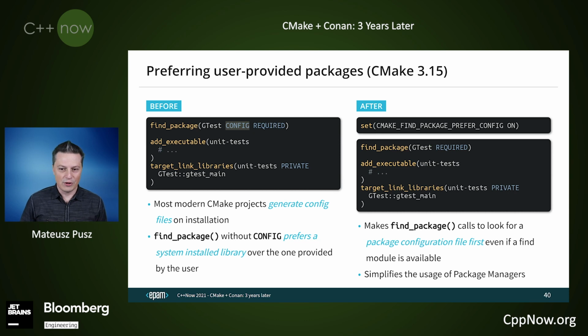So this is a great option. You don't have to specify this in the project because, for example, Conan sets it by itself with the latest releases. So every time you use Conan, it forces GTest to be used in config mode, so the one that Conan actually provided.